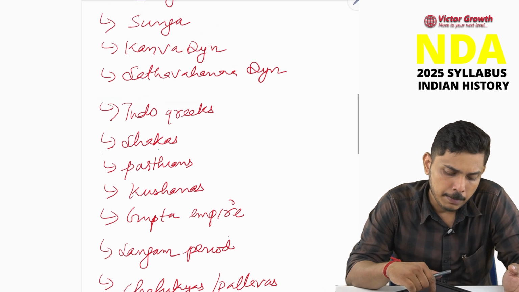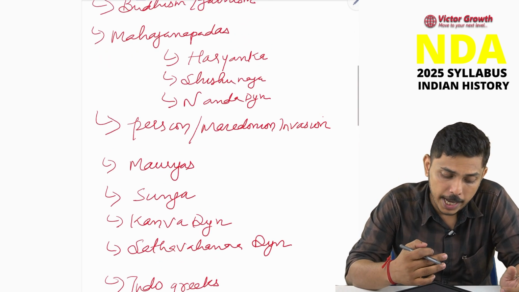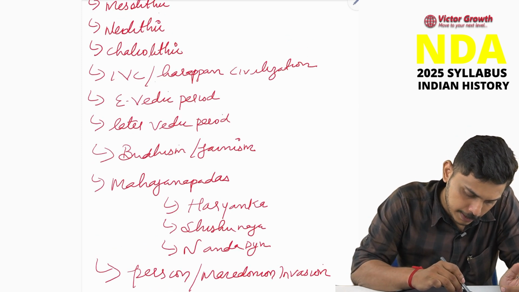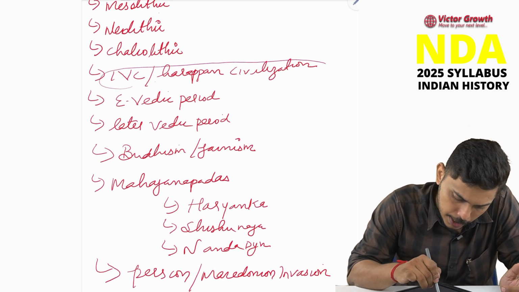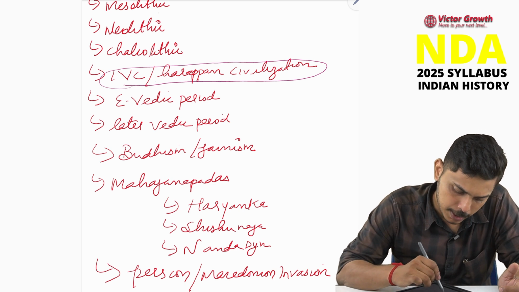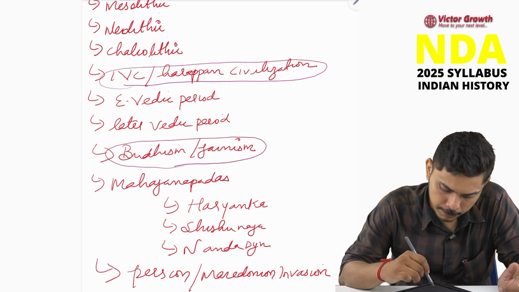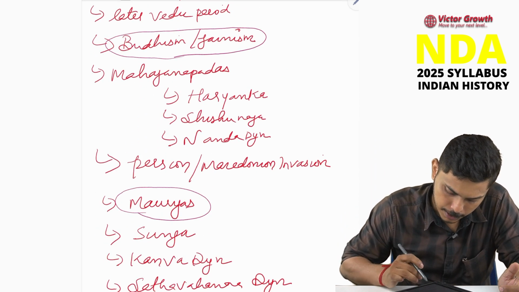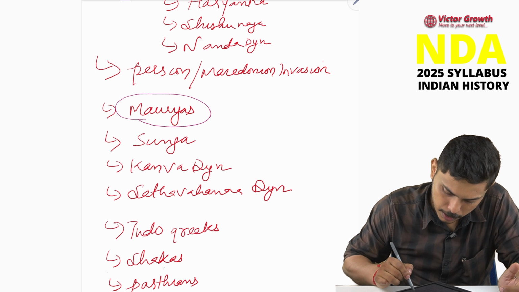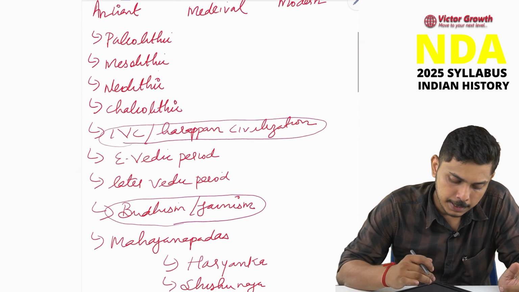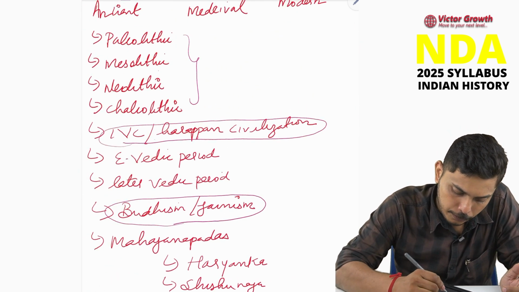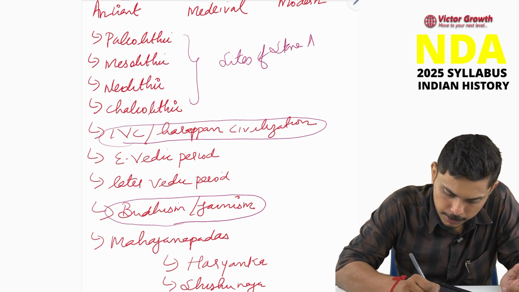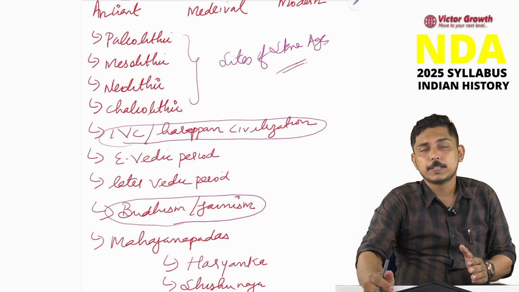The important topics for your exams are the Harappan civilization, Buddhism, Jainism, Mauryans, Gupta empires, then sites of the Stone Age. This is also important from the exam perspective.